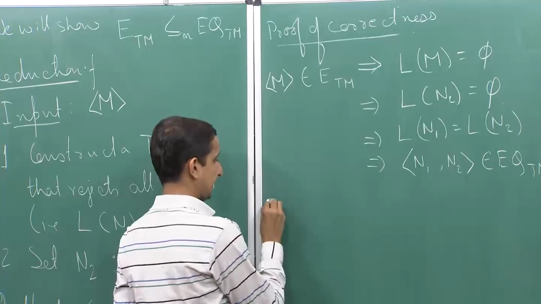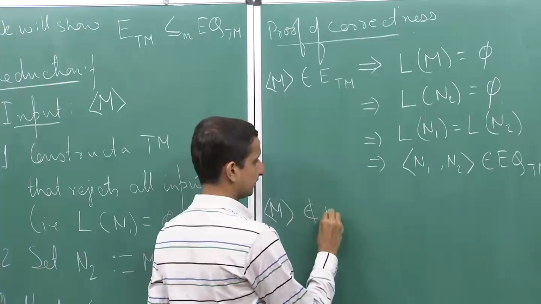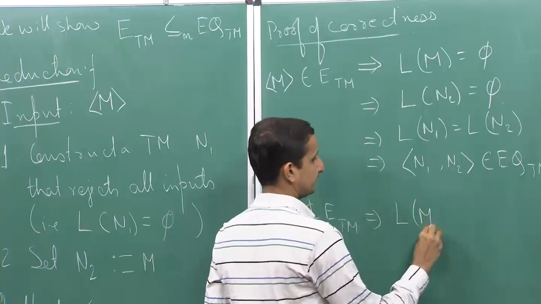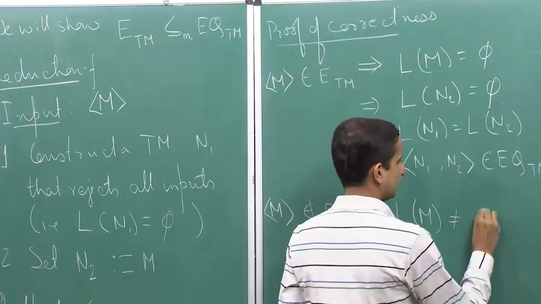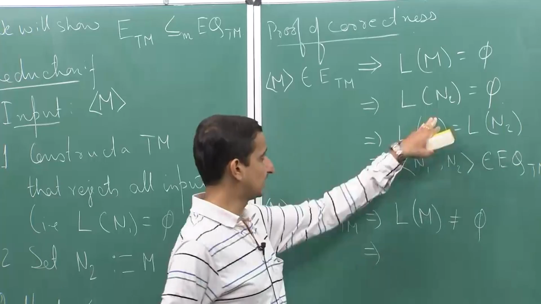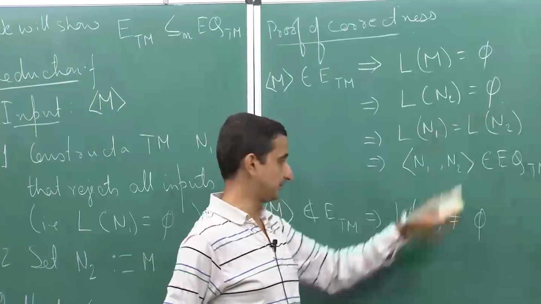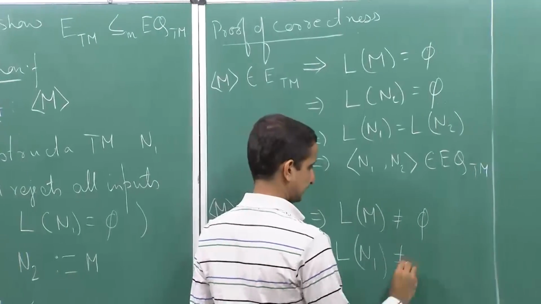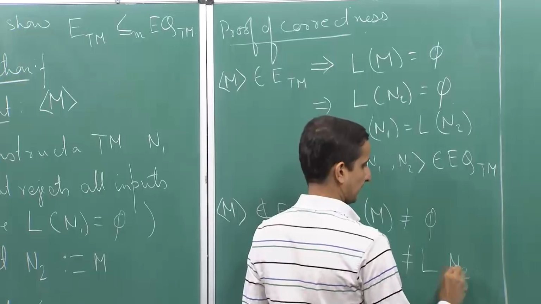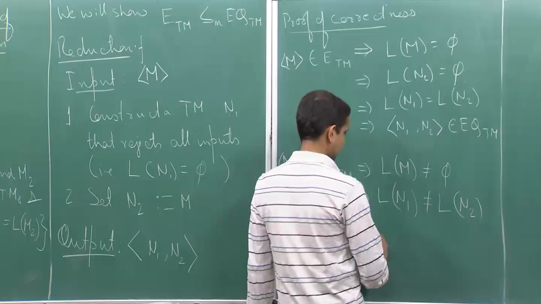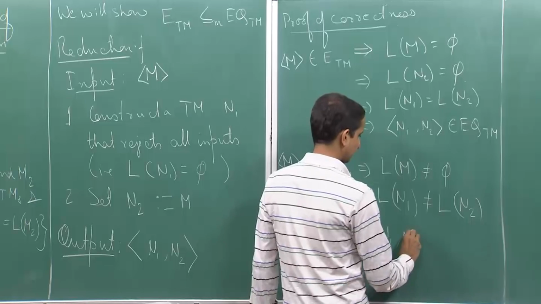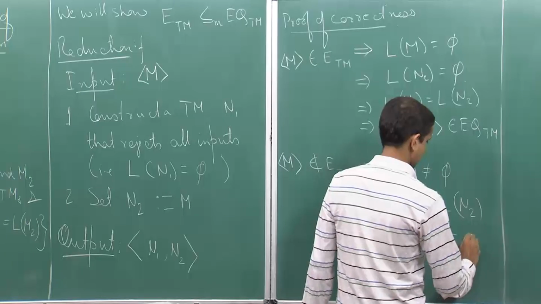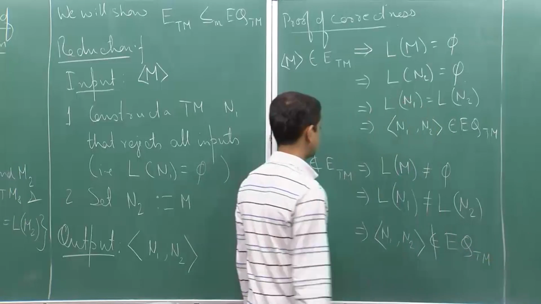If M is not an element of ETM, then the language of M is non-empty, which implies that the language of N2 will also be non-empty. Therefore, the language of N1, which is empty, is not equal to the language of N2, which implies that N1 comma N2 is not in EQTM.